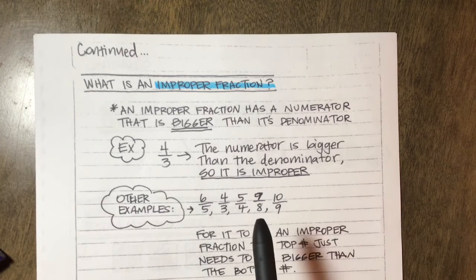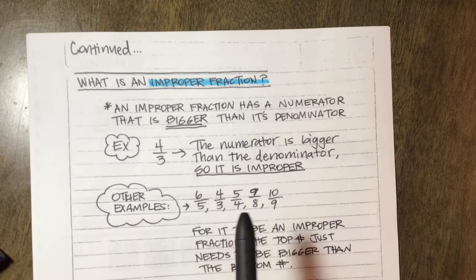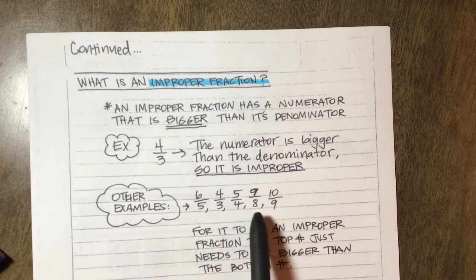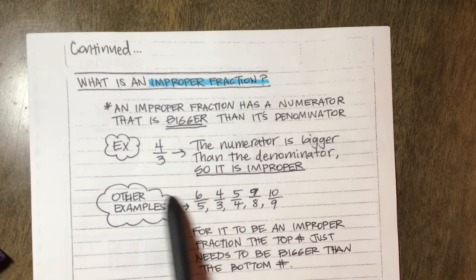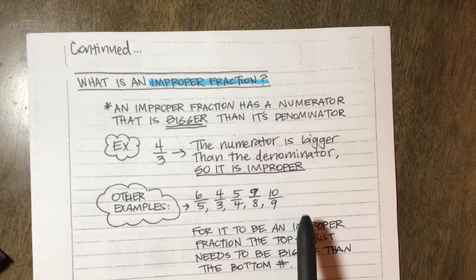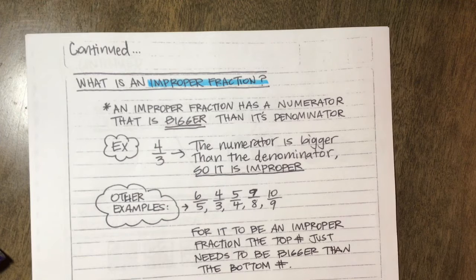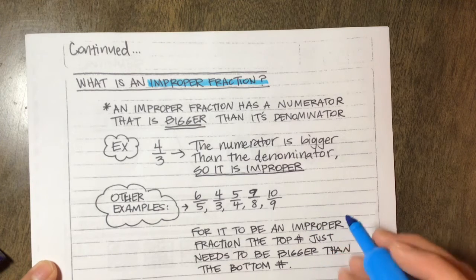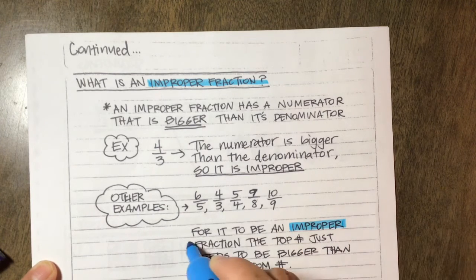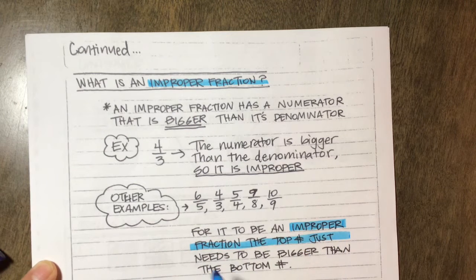And I wrote some examples here down for you. We have 6/5, 4/3, 5/4, 9/8, and 10/9. And once again, if you notice, all of these fractions right here have a numerator that's bigger than its denominator. So once again, an improper fraction is just a fraction where the top number is bigger than the bottom number.